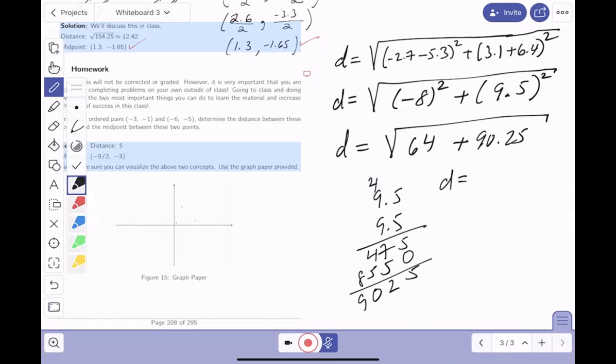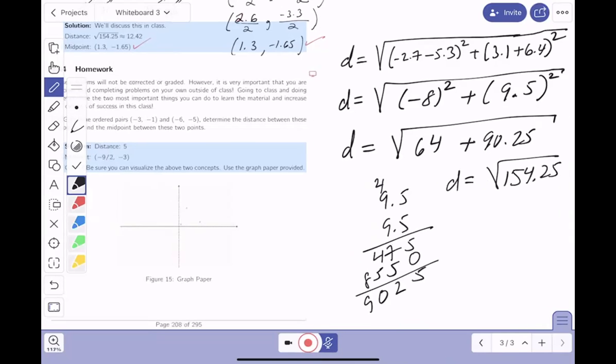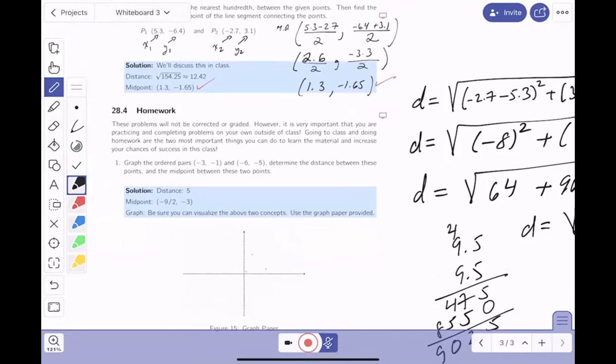And D is 154.25. Kind of a nasty number, isn't it? But I am getting that. And I'm seeing that right over here.